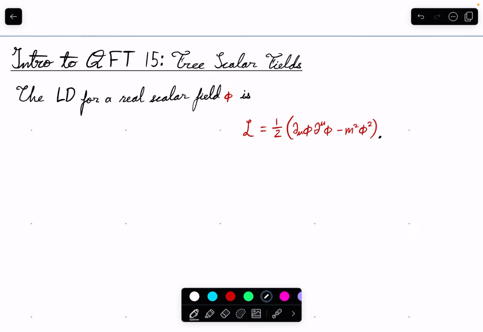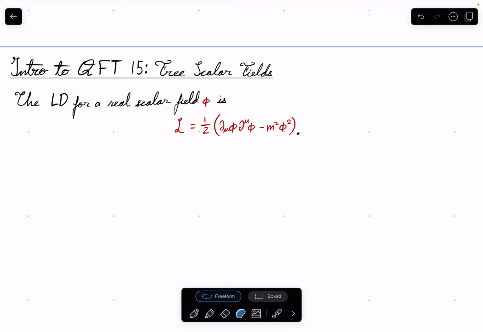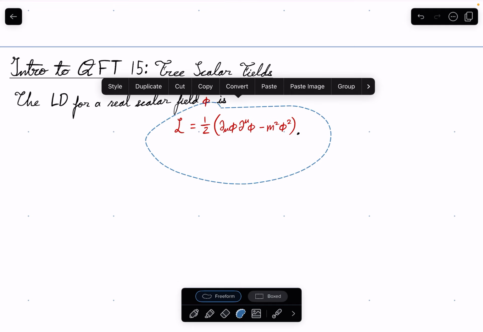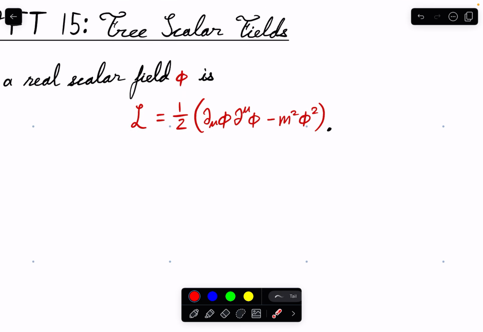This is the Lagrangian density. How did we derive it? How does it exist? Well, we'll talk about that in a later video, but for now we're just going to assume we already know it.